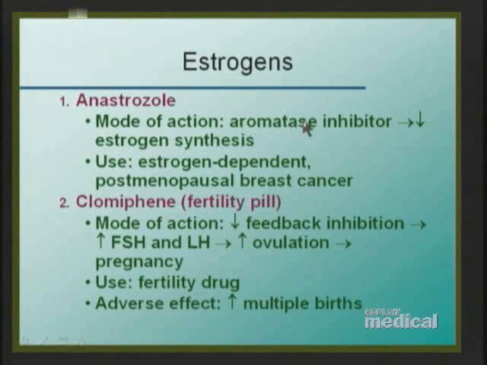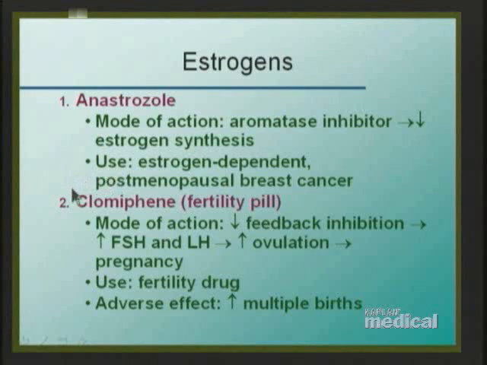When you aromatize an androgen, you end up with an estrogen. If you decrease aromatase activity, you decrease synthesis of estrogen, as you wish to do in estrogen-dependent breast cancers. Estrogen-dependent breast cancers tend to occur postmenopausally.